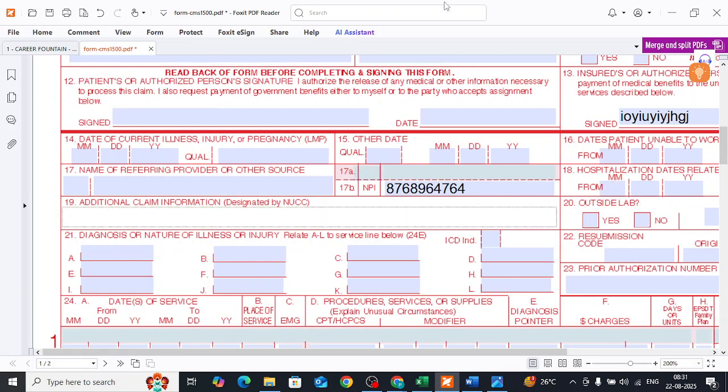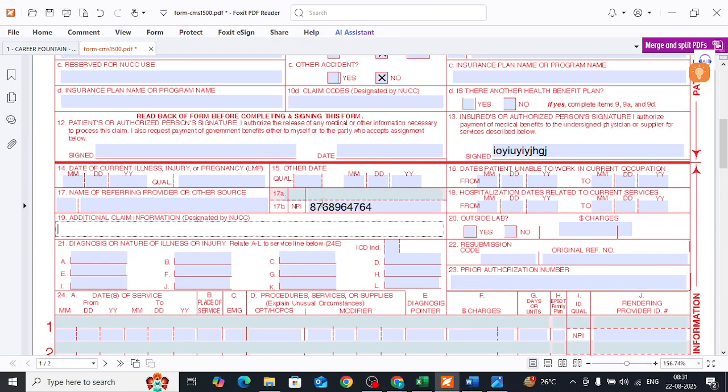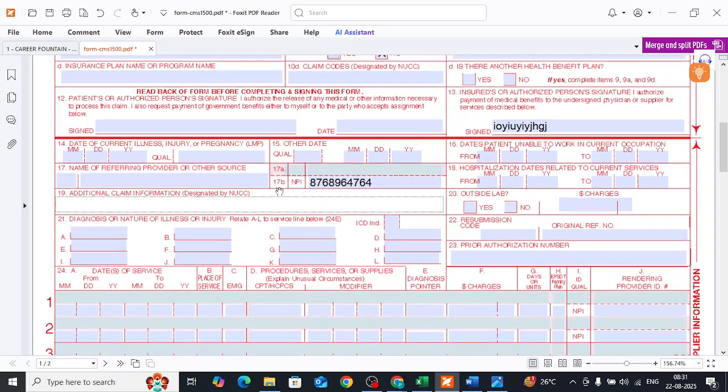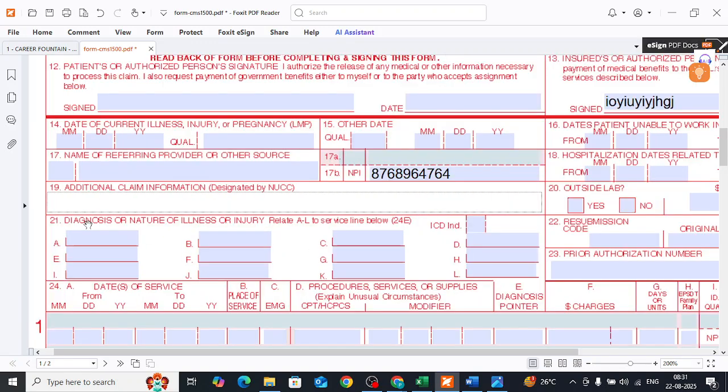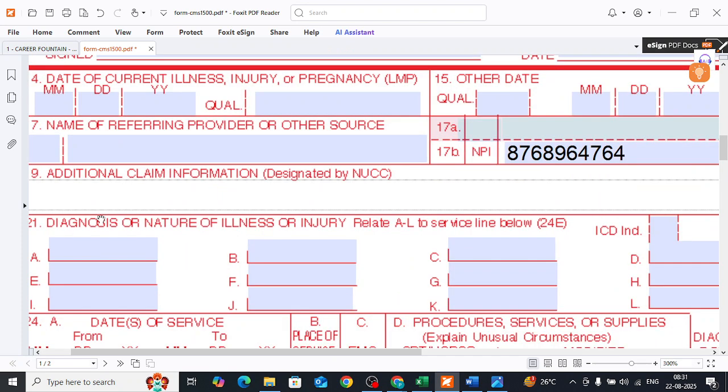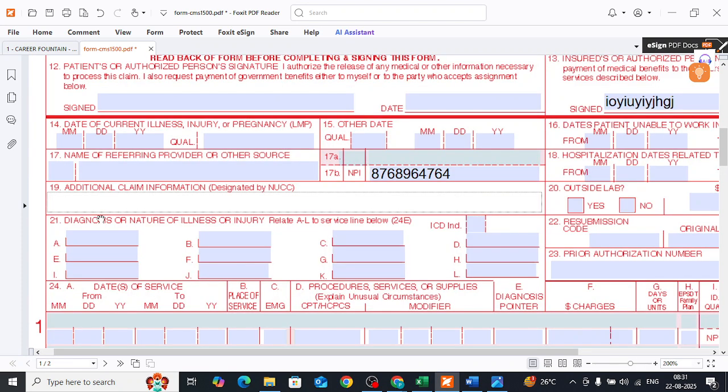Additional claim information. We can see that every box is dedicated to some information. We cannot use that box for any other information, right? All 33 boxes are dedicated for specific information. So that's the reason they have given an additional box, the extra box, which can be used for any other purpose. For example, I am attaching the medical record with this claim form to insurance.